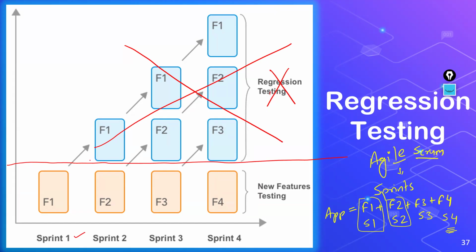So, let's assume hypothetically that to test this feature F1, your test team has executed 100 test cases. To test your feature F2, let's say there were 200 test cases. Because in every sprint we are doing testing also, no? Then only we are making that particular feature ready to be delivered.